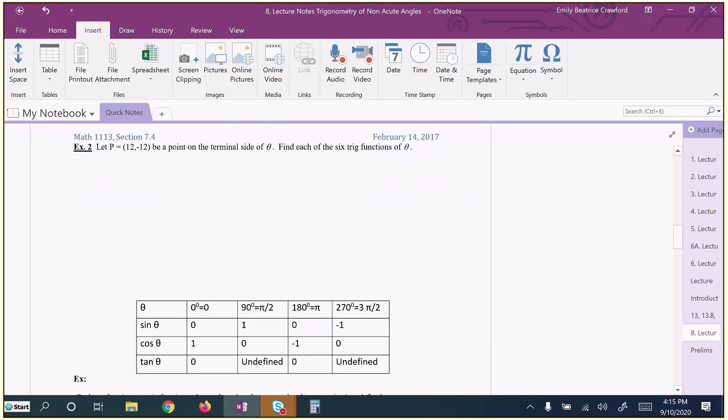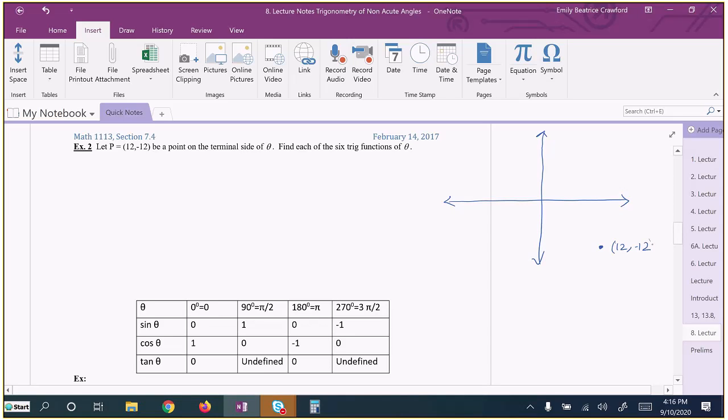This time we are going to find the trigonometric ratios for the angle that has the terminal side with the point 12 comma negative 12. So x is positive, y is negative. That means we are in the fourth quadrant. So we'll get that point first. Draw our little right angle triangle. So say this is the point and call it 12 comma negative 12.